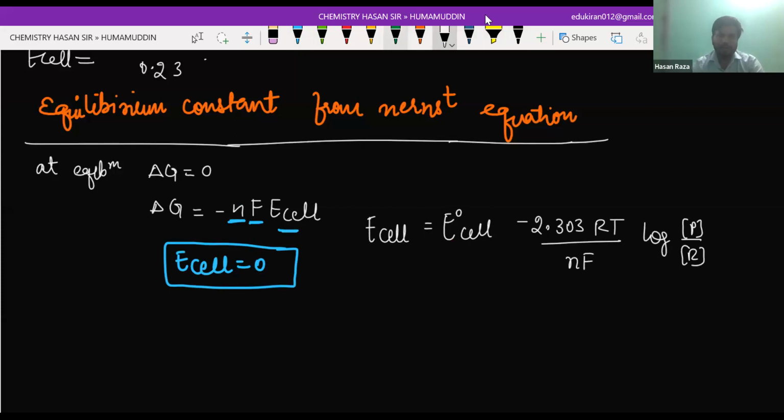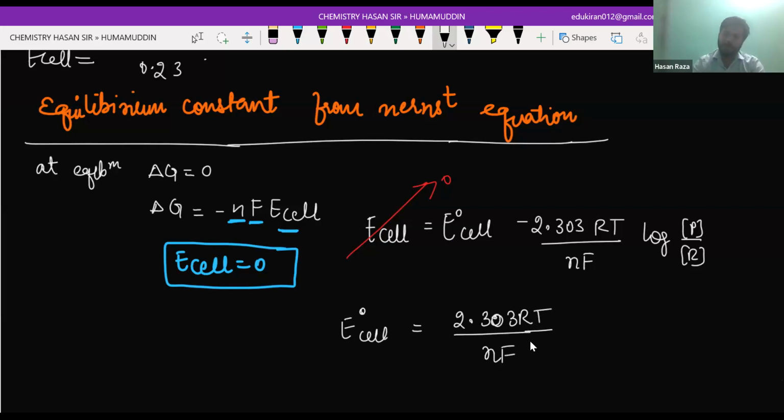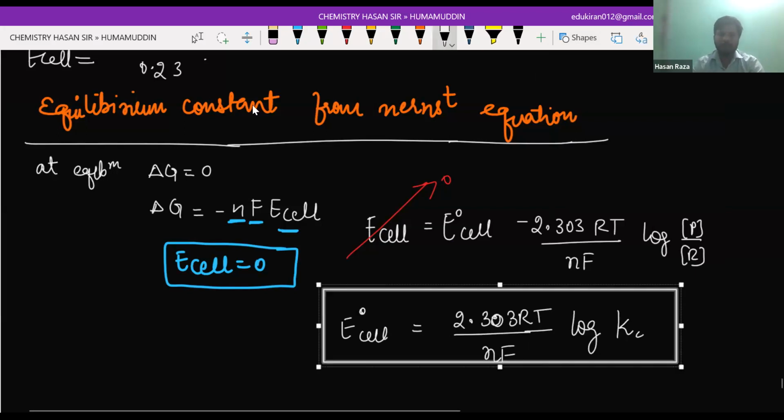Since E cell equals 0, that means we can easily write E naught cell will be equal to 2.303 RT upon nF, and this will be equal to, since the process or the system is in equilibrium, product upon reactant will be equal to Kc, that is, equilibrium constant. Please do that.